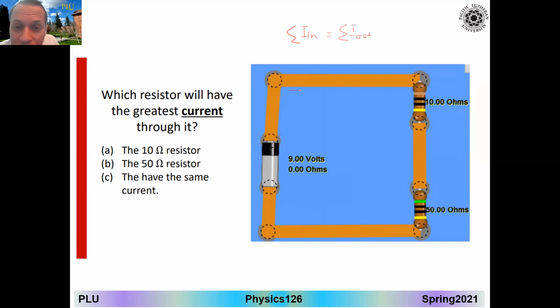Here there are no junctions, so the current goes along the same path. There is no in and out. That means the current is the same in the whole loop. Inside one loop, there are no junctions that would divide the current, so I have the same current in the entire loop.